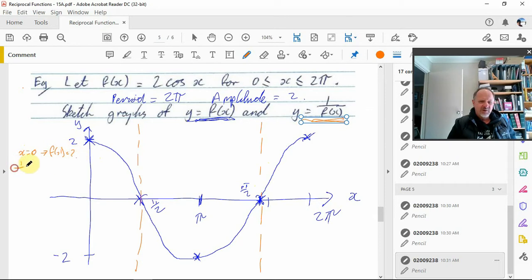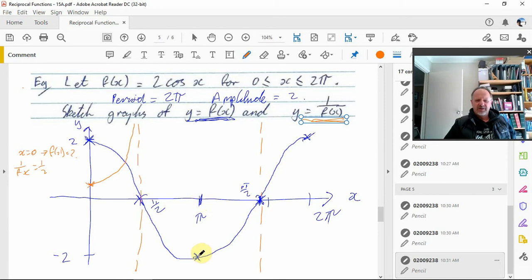So that means that 1 on f(x) is equal to a half. So rather than in the previous one, when I just looked at the straight sec and cosec, we've now got 1 over 2, which is a half. So we've got that down here. And then of course, it's going to curve up like so.